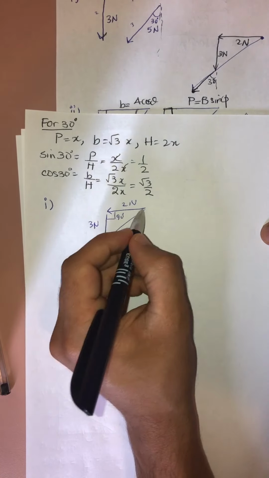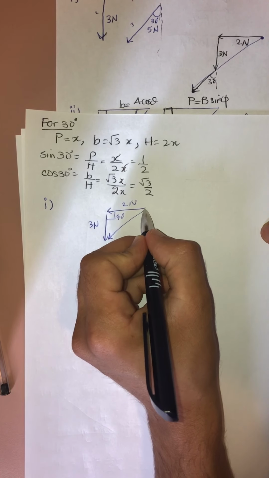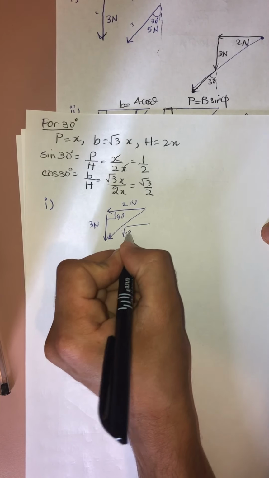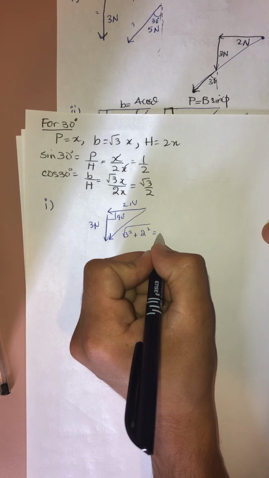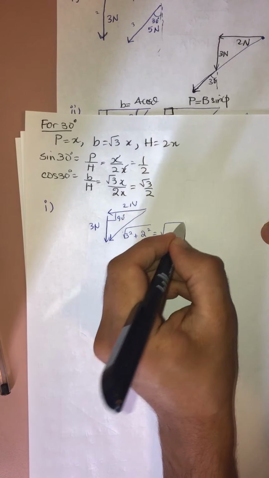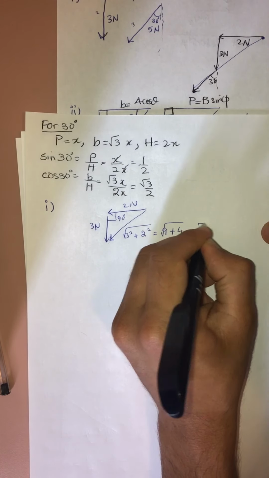Okay, so this is actually a right angle triangle. You know that this is the hypotenuse, so it is the square root of this square plus this square, which is the square root of 9 plus 4, which gives root 13.